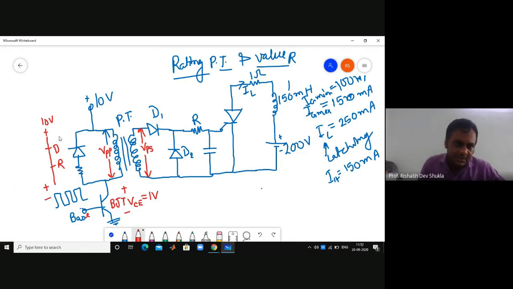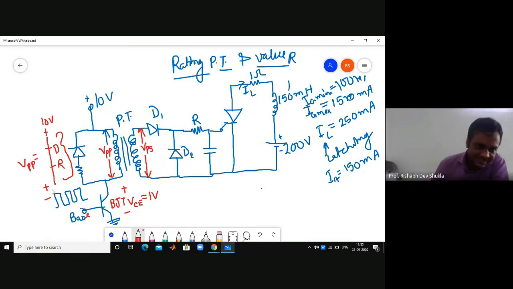Now tell me, what is the voltage across this branch, which is nothing but the VPP? Here is your 1 volt, here is your 10 volt. Now tell me, what is the value of VPP?